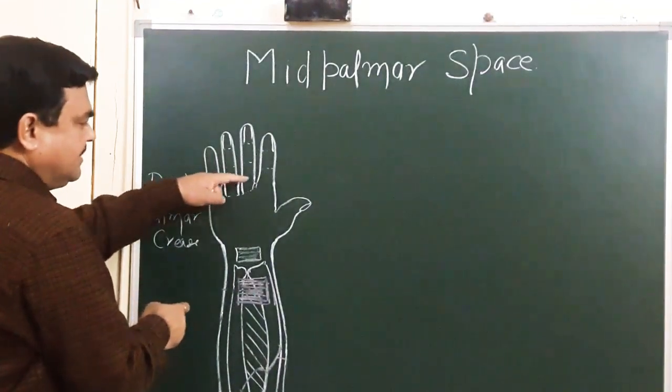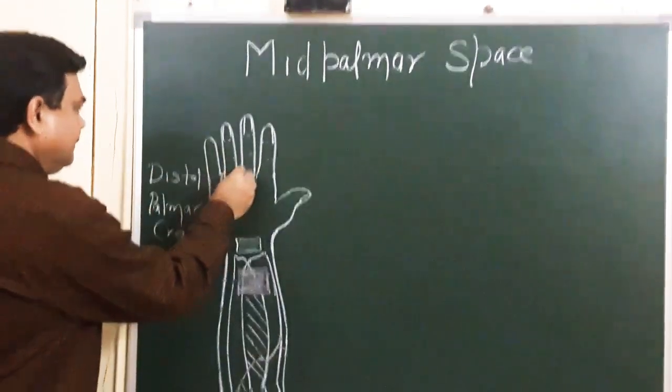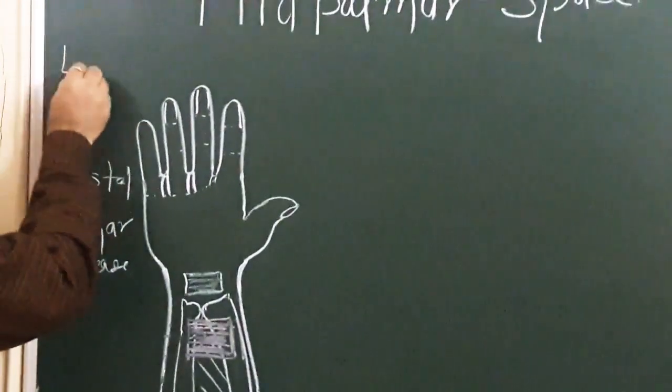Here is the web space. This canal is known as the lumbrical canal.